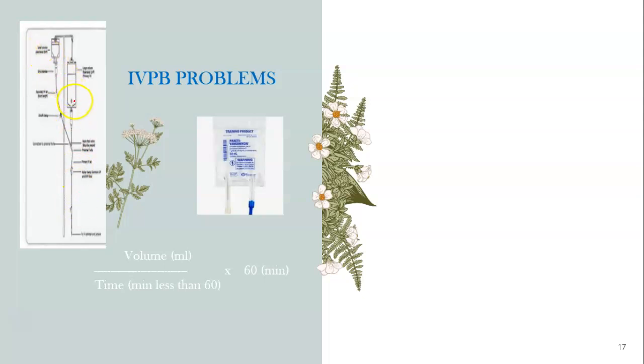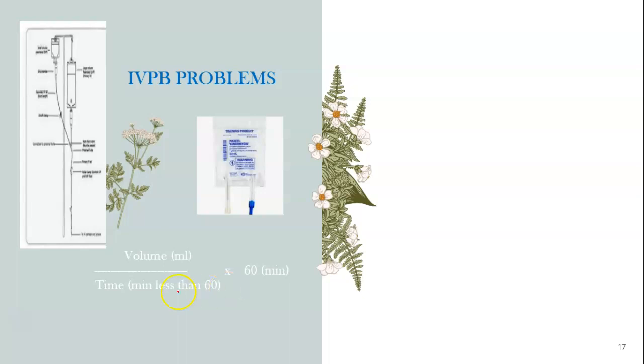As long as these two IV fluids are compatible, we're happy. I don't need to have a pump, but I can have a pump. Okay? So either way, if I put it on a pump, it's going to be in mils per hour. If I free flow it in to the fluid, it's going to be in drops per minute.